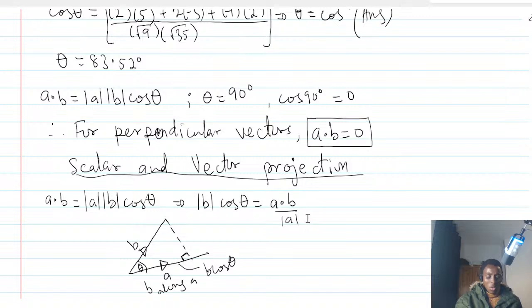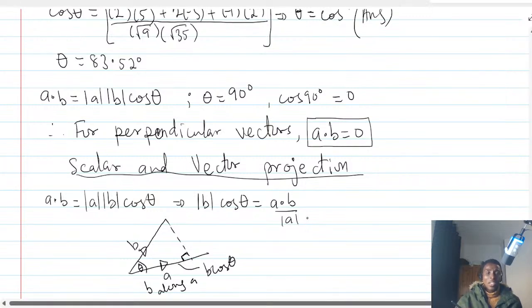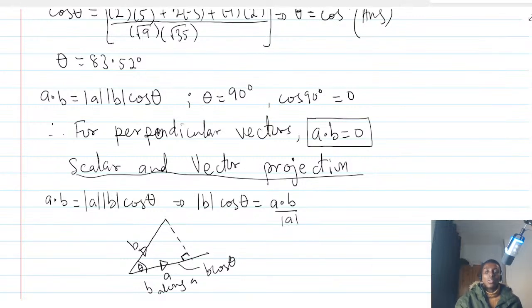Simply put, whenever you want to find the component of a vector along another vector, it is the dot product divided by the magnitude.